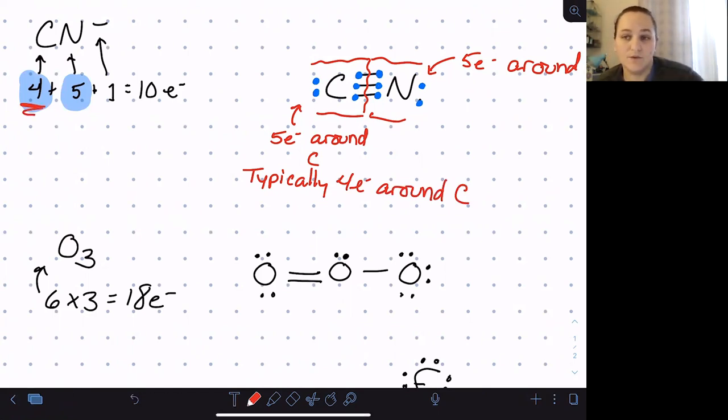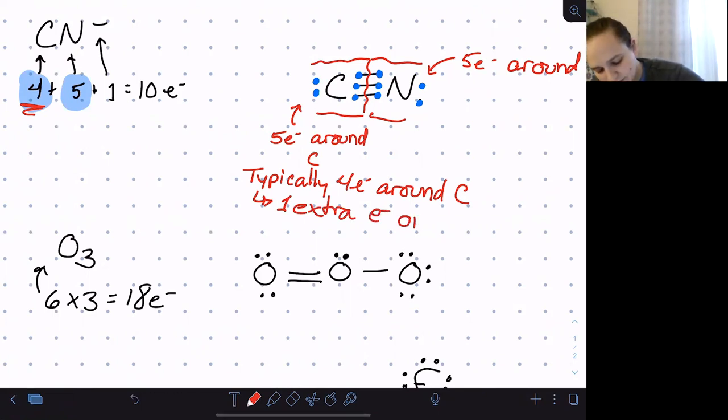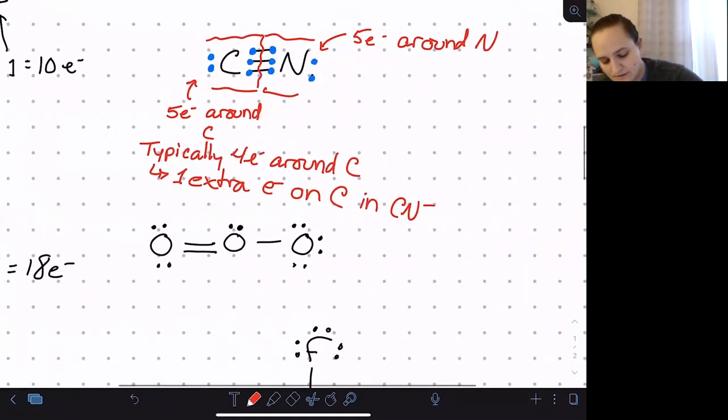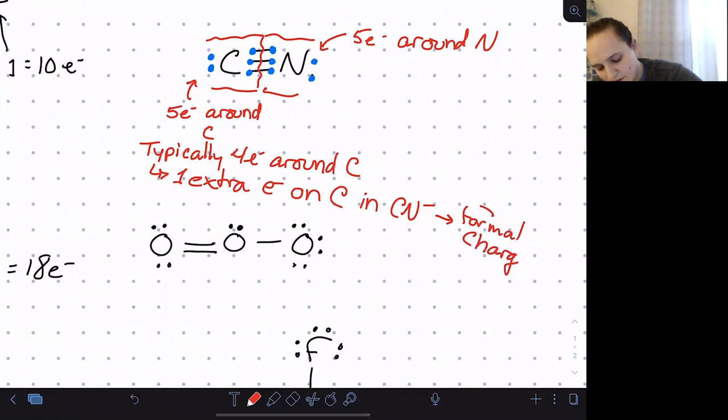So compared to its normal number of valence electrons, in the cyanide ion, carbon has an extra. So there's 1 extra electron on the carbon in the cyanide ion, which means that its formal charge is -1. It has an extra electron, it has an extra negative charge around it.